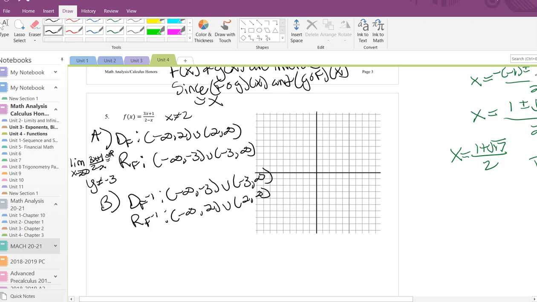Remember, it's a fraction, so there's going to be a vertical asymptote at x equals 2, because wherever the denominator is equal to 0, you put a vertical asymptote. There's a horizontal asymptote at the limit, which is y equals -3. There's your horizontal asymptote.